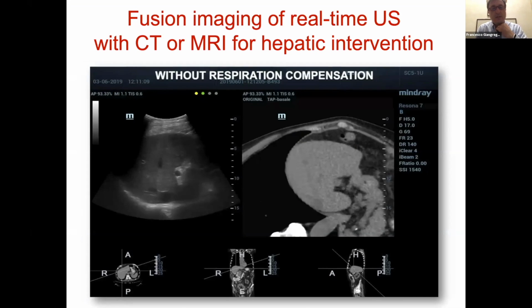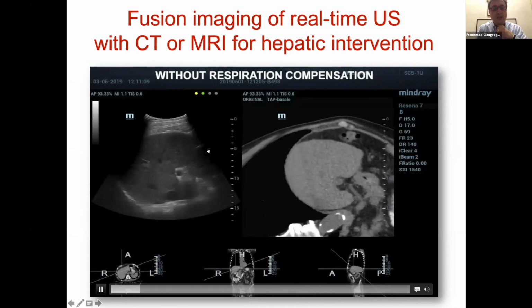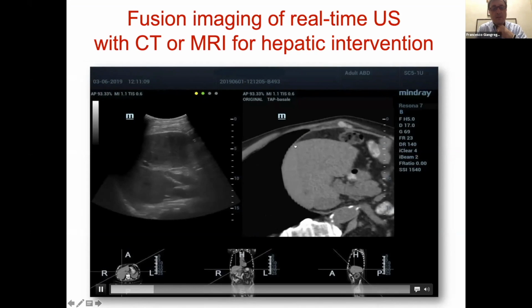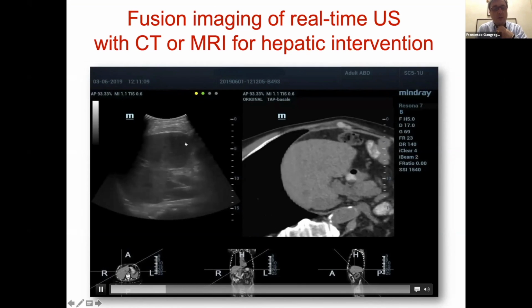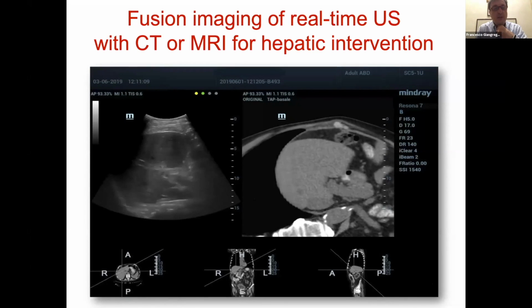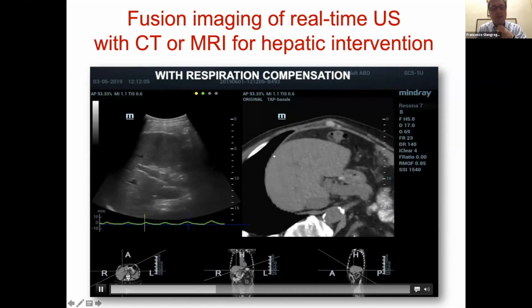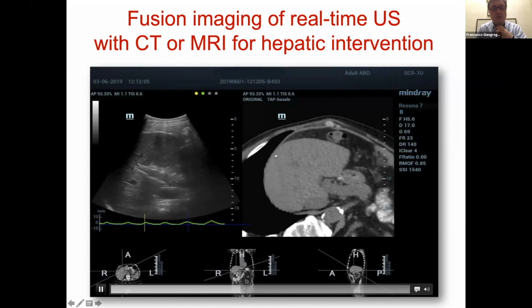What does it mean? You can see on the right the spiral CT that is still, while the patient is breathing, so the liver is moving, while the spiral CT image doesn't move.